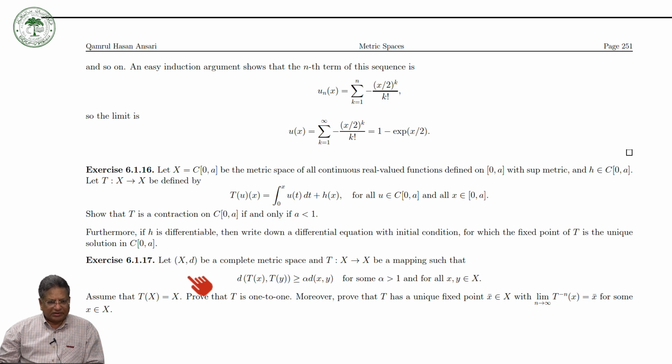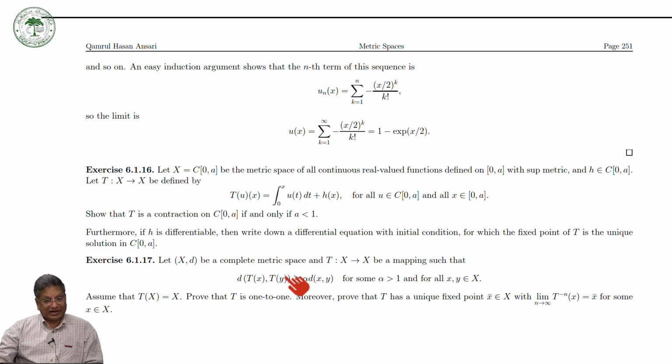We say that if (X,d) is a complete metric space and T is a self map from X to itself such that d(Tx,Ty) is greater than or equal to alpha times d(x,y). In the Banach contraction mapping, what is it? It is less than or equal to.